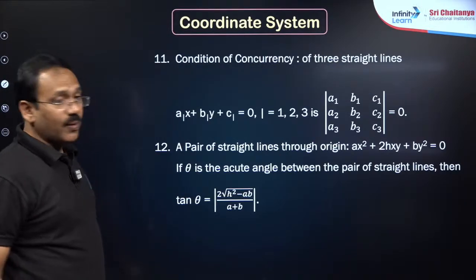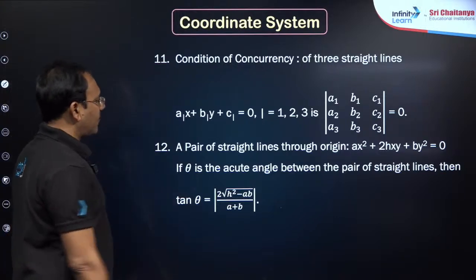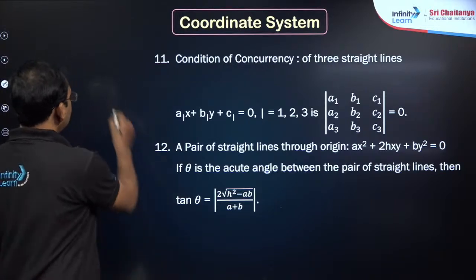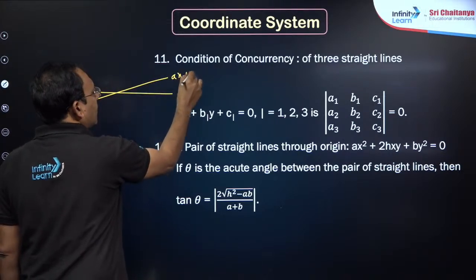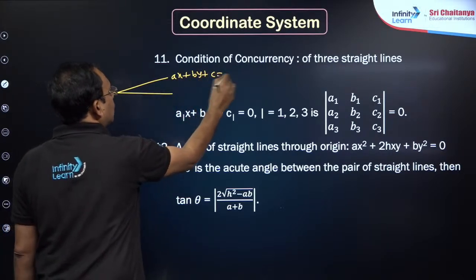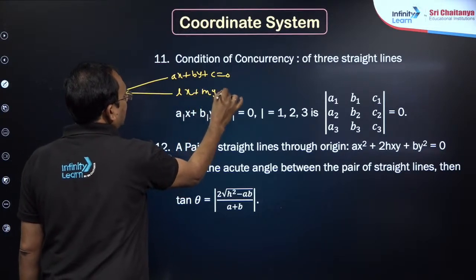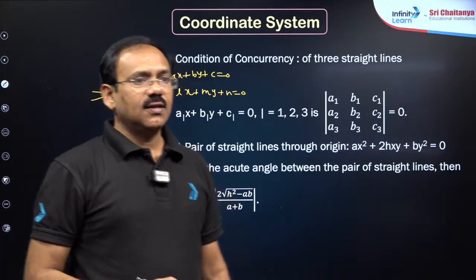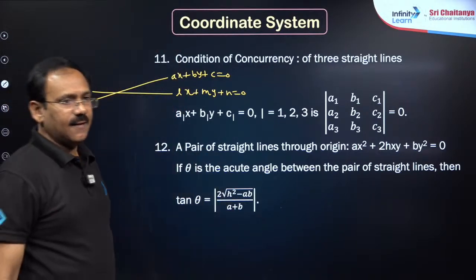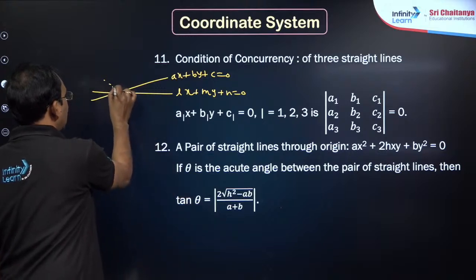Here the most important point, write this shortcut which is helpful: image of a line in a line. Suppose, dear students, the image of ax + by + c = 0 with respect to lx + my + n = 0. This is important. The image of this line with respect to this is another line.